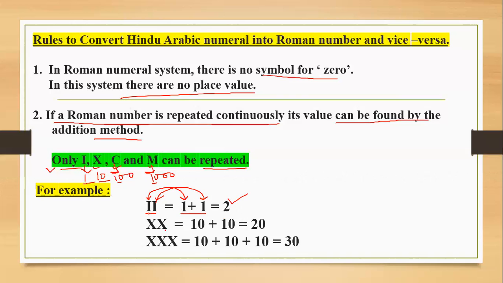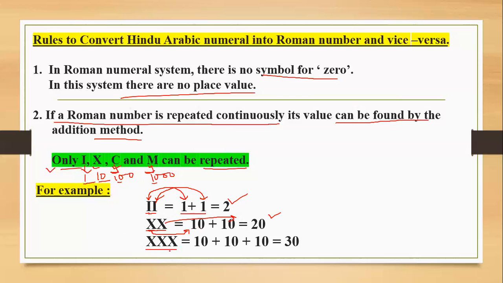Next, 2 X's are continuously repeating. So first you have to write the number for X. The number for X is 10, and for the next X it is also 10. We have to find the value by adding the 2 numbers, that is 10 plus 10 is 20. Next, 3 X's are repeating.